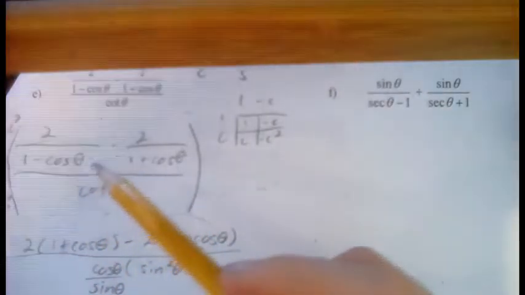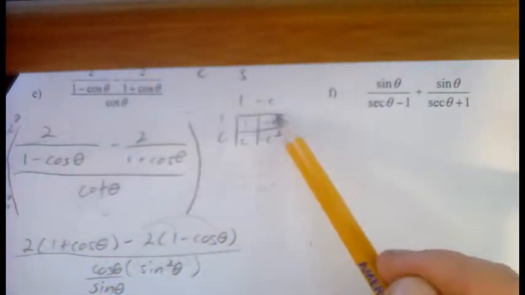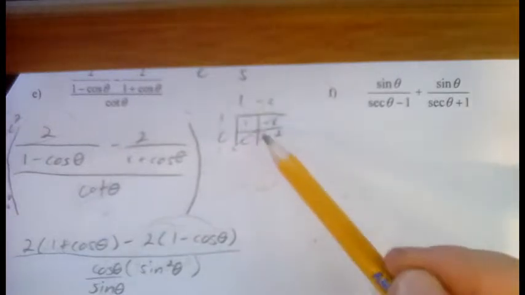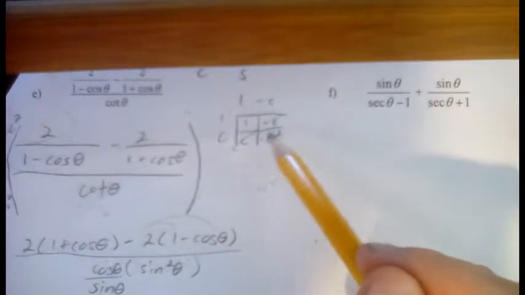Then to cancel out these fractions, you would need to multiply them together to get the same common denominator. So 1 minus cosine, 1 plus cosine, these cancel out like the last one, and you get 1 minus cosine squared. You could simplify that to sine squared, but that would make it harder to cancel out these fractions.